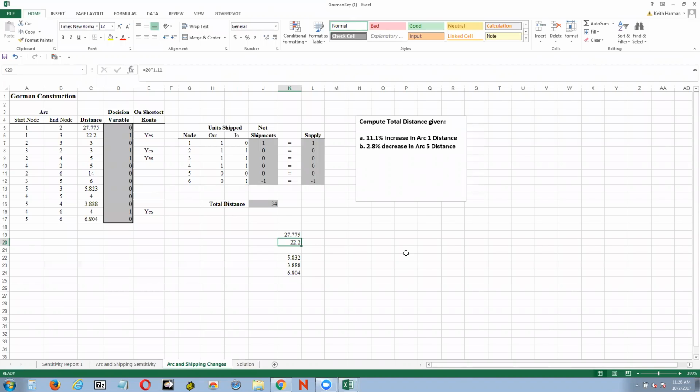The problem that I gave you here is a baby problem, but very typical, because, for example, let's say arc 1, the distance increased because there's construction.